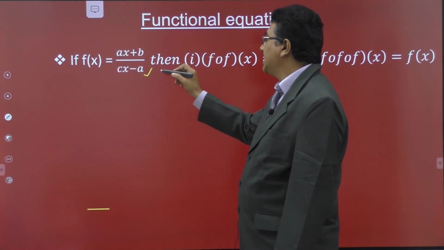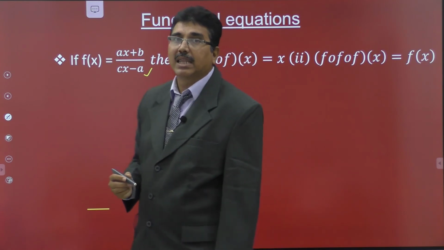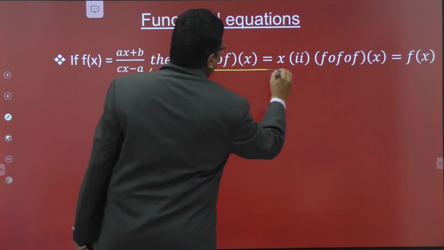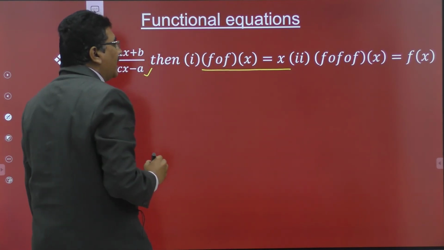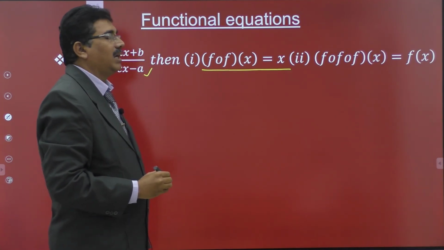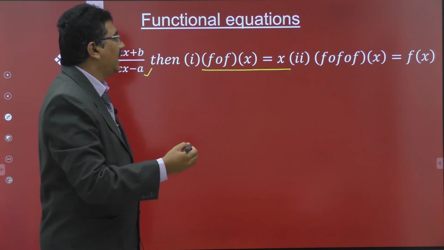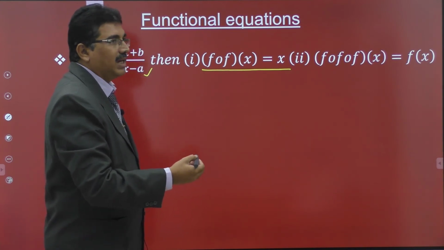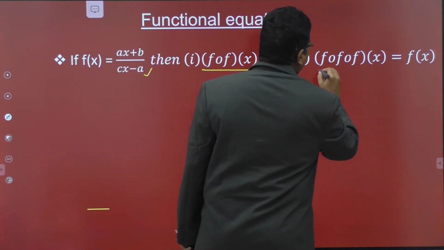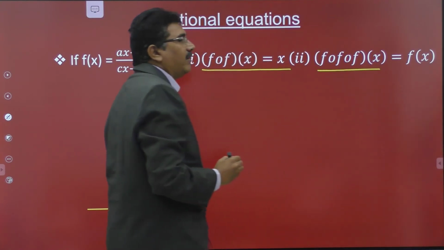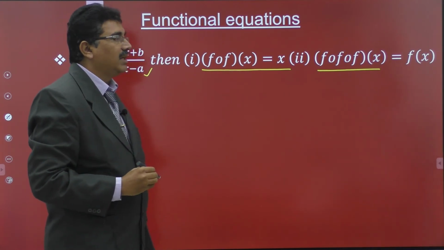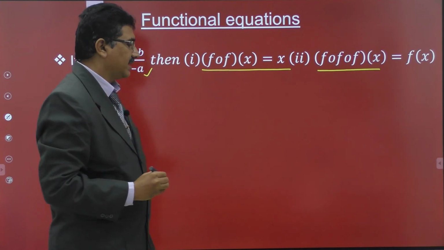Then f circle f of x is equal to x. Not only this, if f occurs an even number of times, then f circle f circle f of x is also equal to x. And if f occurs an odd number of times, then its composite function is equal to f of x.